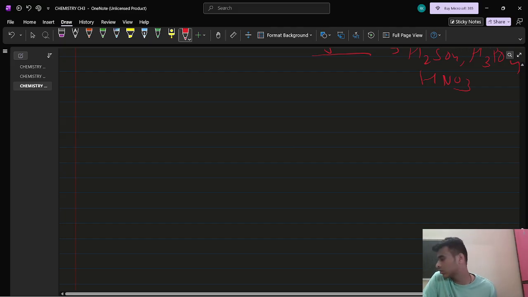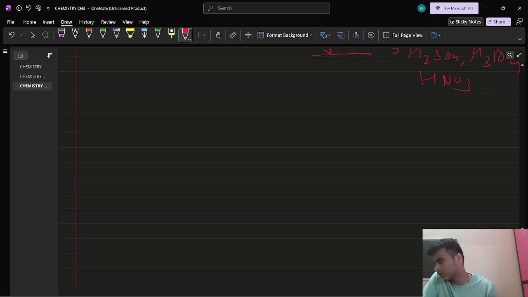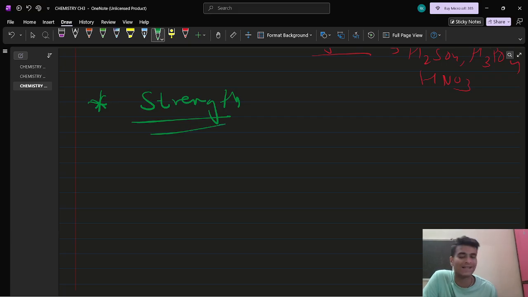So now classification on the basis of source and on the basis of molecular composition is done. Now comes an important point: classification on the basis of strength of acid and base.